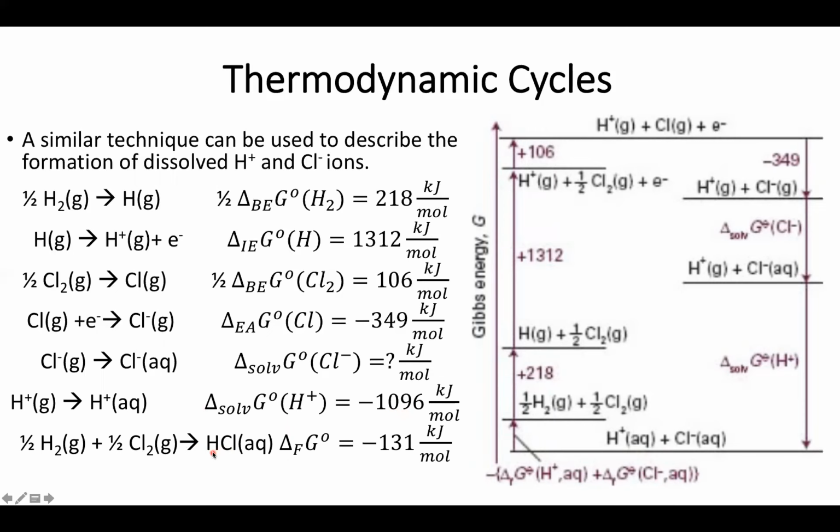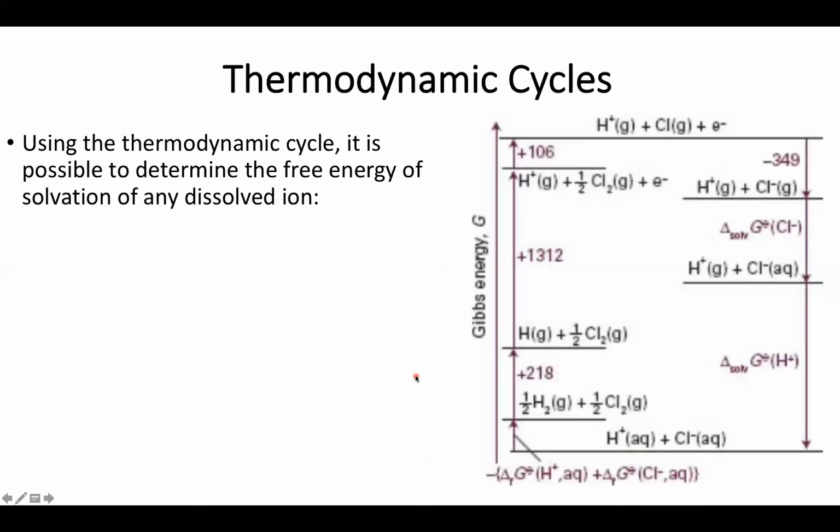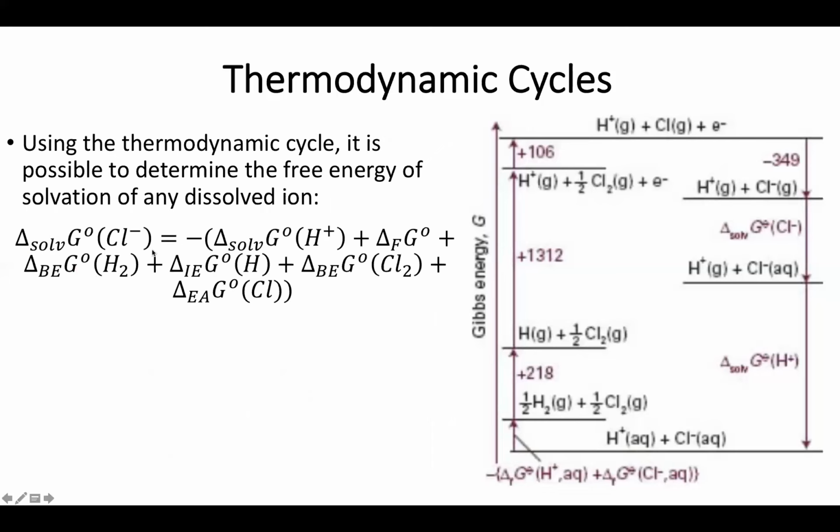So using the free energy of formation of chloride, I know that the free energy of formation of HCl is going to be negative 131. So just like when looking at our Born-Haber cycle, I know every step except for one. And so what we can then do is rework our combinations of energies to isolate the free energy of solvation of the missing step.